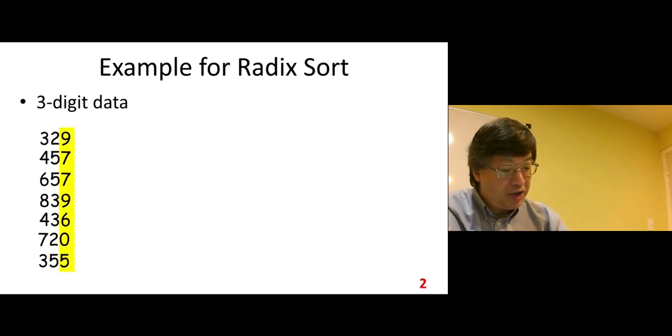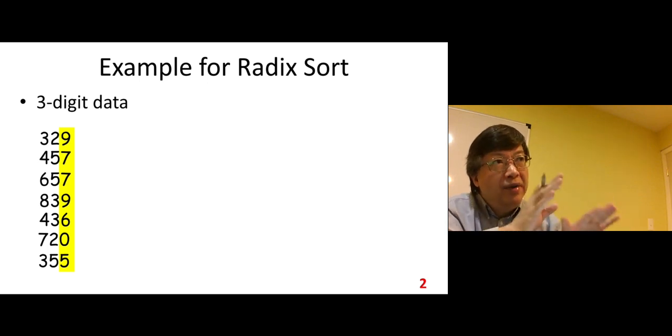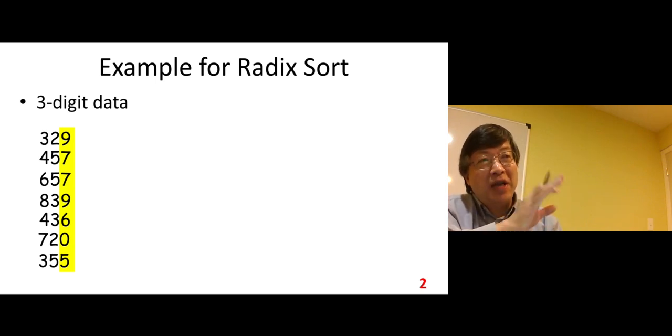The first time, let's apply the counting sort on the least significant digit. So we ignore the other digits, or we treat the other digits as the satellite data. Remember the satellite data, the concept I gave you before? This concept is important.